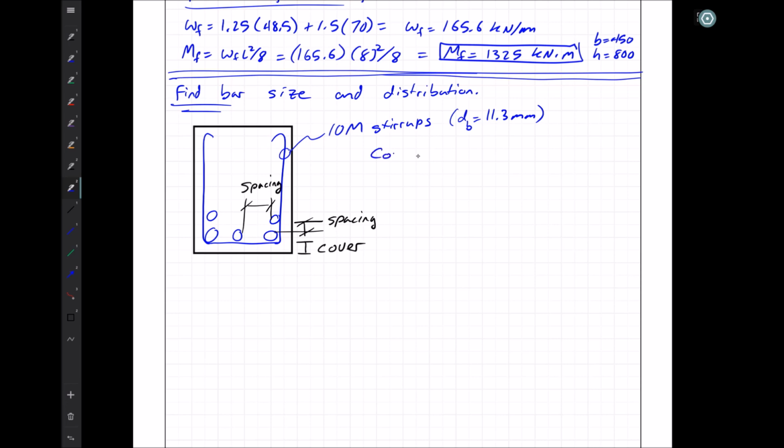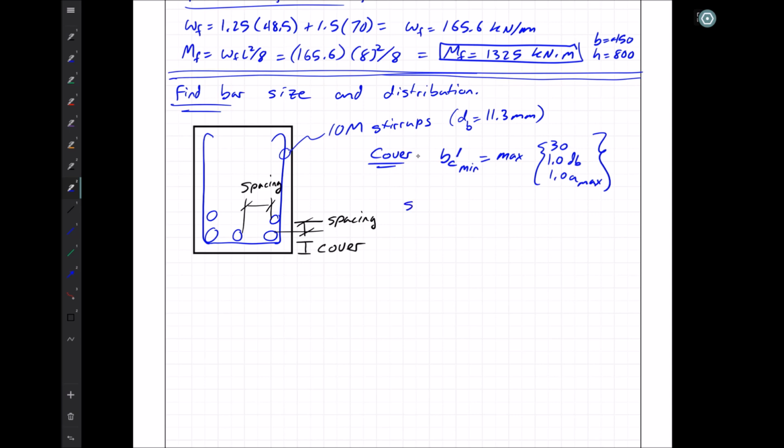So if we look at cover, we can say that BC prime minimum is equal to the maximum of 30 millimeters, 1.0 times our bar diameter, and 1.0 times the maximum aggregate size in our concrete mix. And BC prime is our clear cover to the outside of our stirrups, where BC would be the cover to our longitudinal bars.